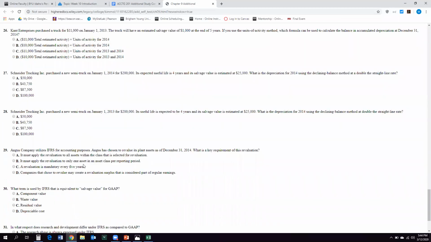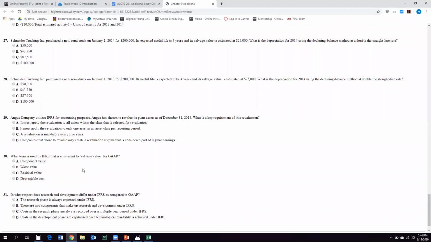So Schneider Trucking purchased a new semi truck for $200,000. Useful life expected to be 4 years. Salvage value $25,000. What is the depreciation for 2014 using the declining balance method at double the straight line rate?